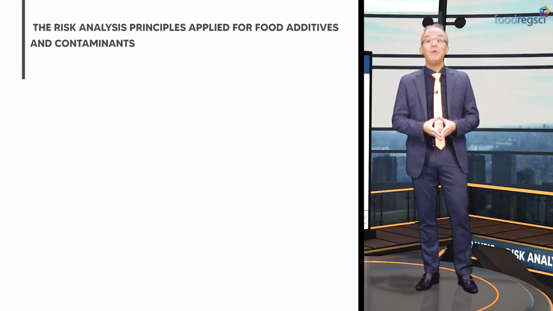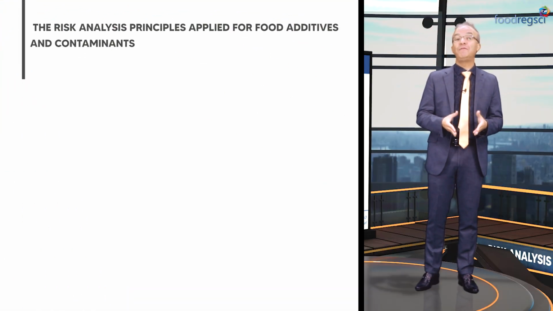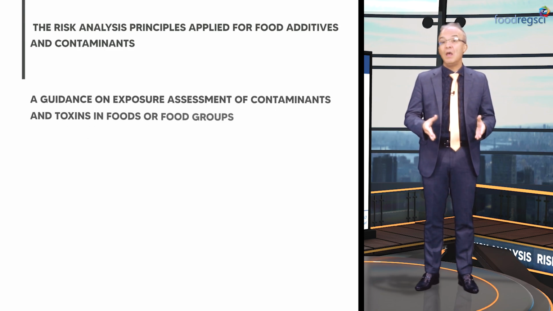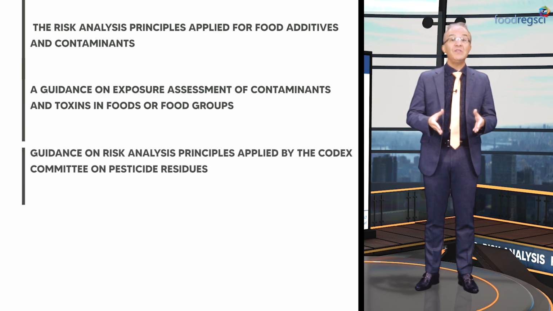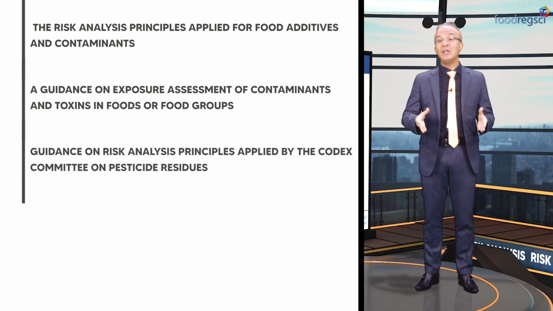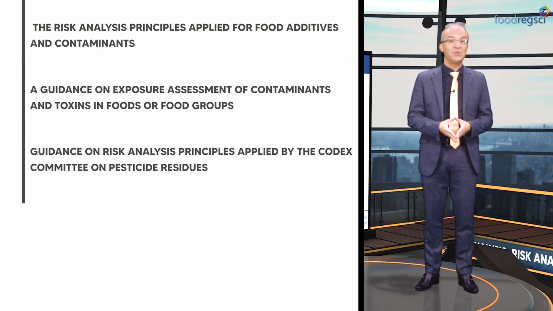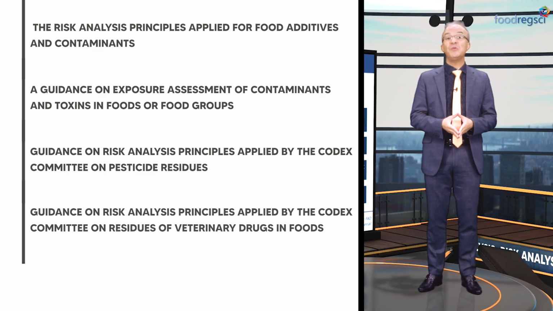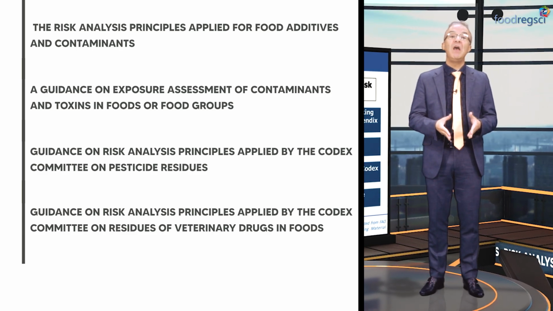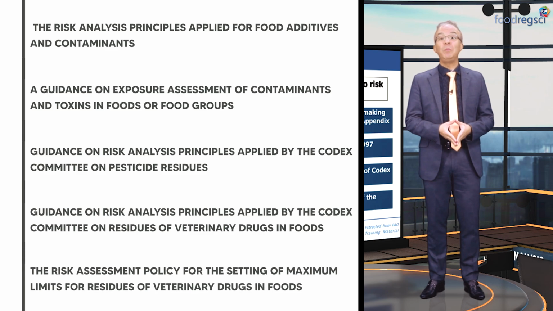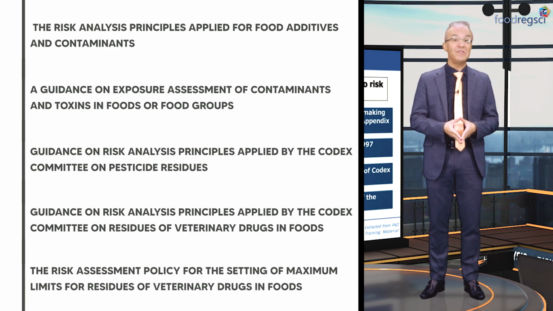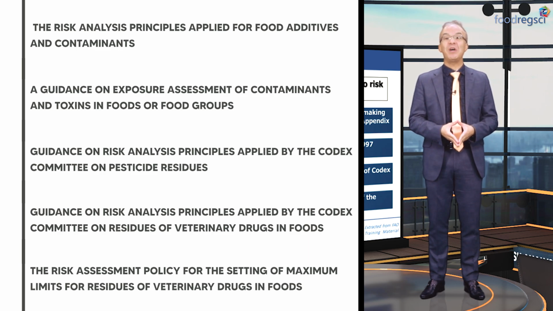For example, the risk analysis principles applied for food additives and contaminants, a guidance on exposure assessment of contaminants and toxins in food or food groups, guidance on risk analysis principles applied by the Codex Committee on Pesticide Residues, guidance on risk analysis principles applied by the Codex Committee on Residues of Veterinary Drugs in Food, and another example pertained to the risk assessment policy for the setting of maximum limits for residues of veterinary drugs in food.